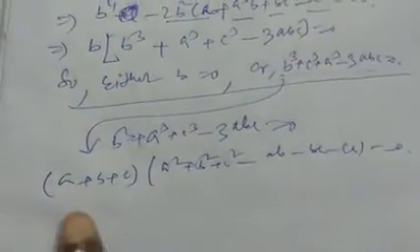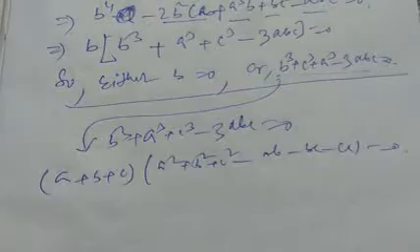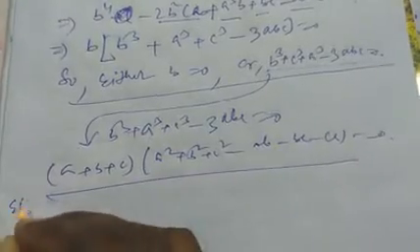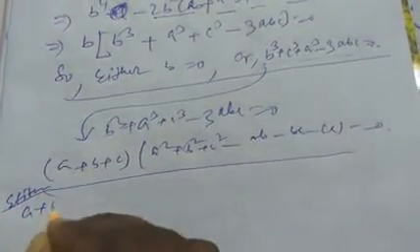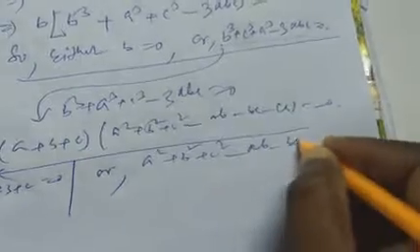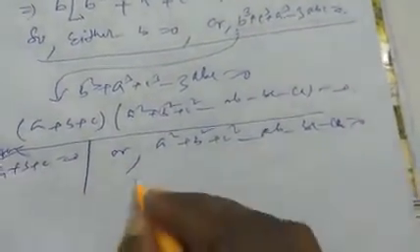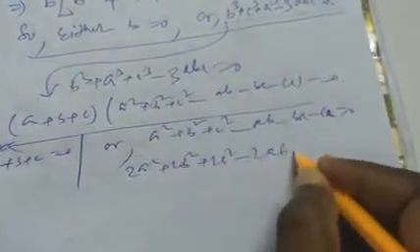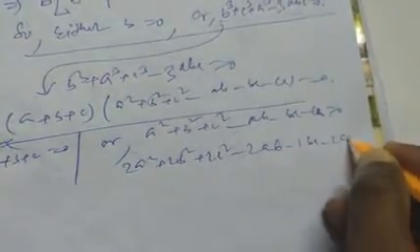So can we say that either a plus b plus c equal to 0 or a square plus b square plus c square minus ab minus bc minus ca equal to 0. Now multiply by 2: 2a square plus 2b square plus 2c square minus 2ab minus 2bc minus 2ca equal to 0.